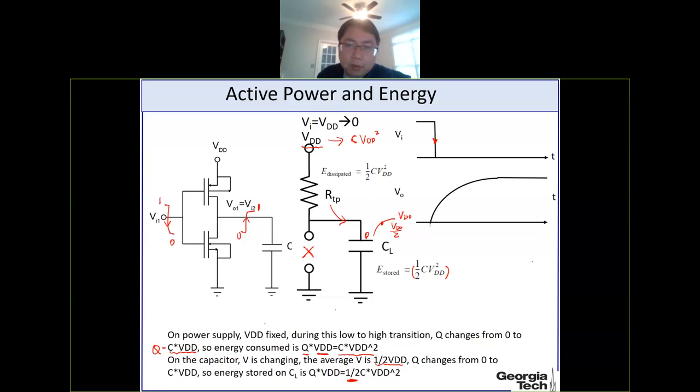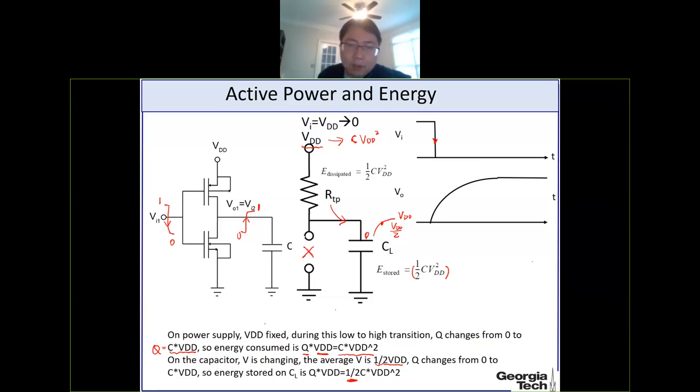So this is a pull up of the output from 0 to VDD. For pull up, we know that the PMOS is working. Here the NMOS is off because the input now switched to 0. The gate voltage is smaller than the threshold, so the NMOS is off. And here we ignore the subthreshold current, so we think it's completely off.